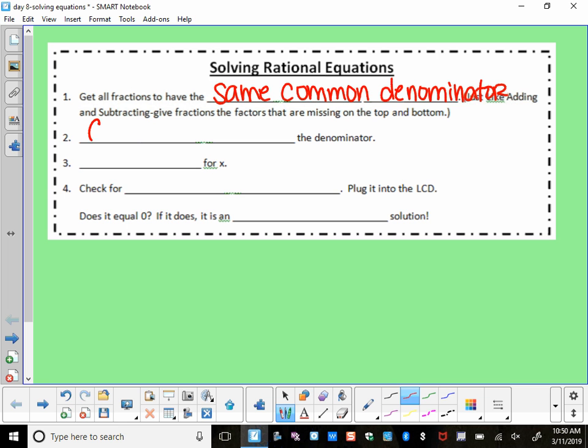Step 2 is to cross out the denominator. Step 3 is to solve for x. And then we want to check for extraneous solutions.